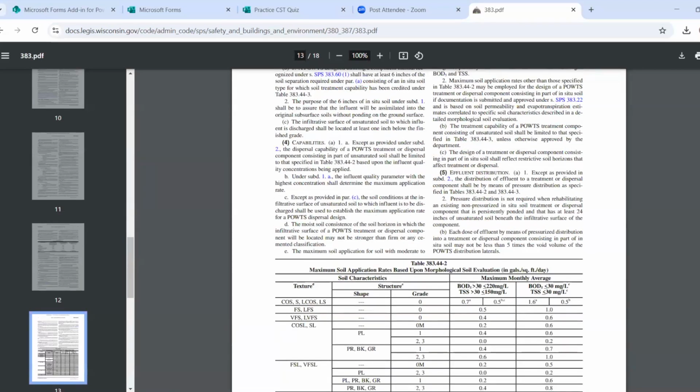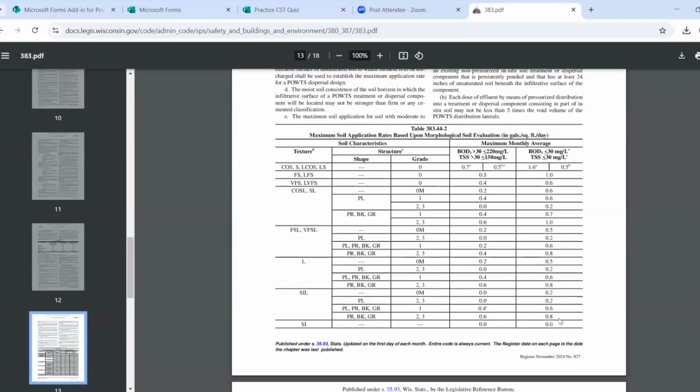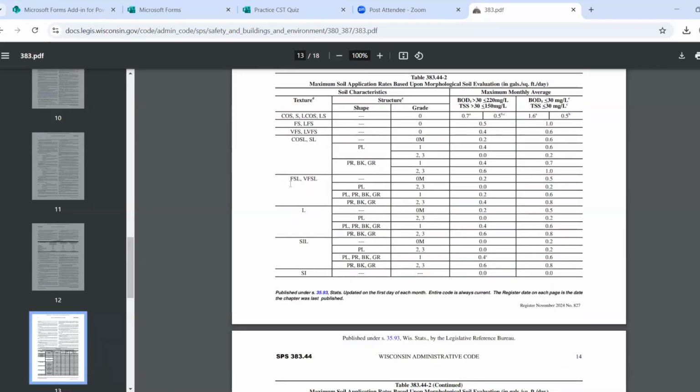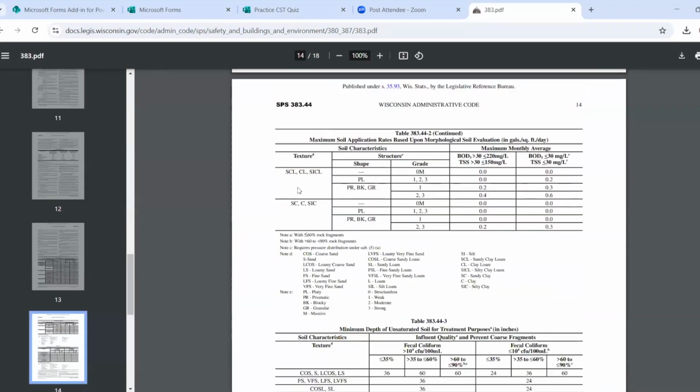If you're spending all your time trying to decide if this is fine sandy loam or very fine sandy loam, they're in the same group, same chart, so it's not going to matter. The same thing goes for sandy clay loam and silty clay loam; they're all in the same loading rate group. Sandy clay, clay, and silty clay are all in the same loading rate group.